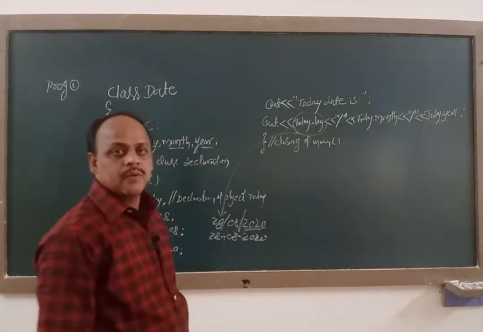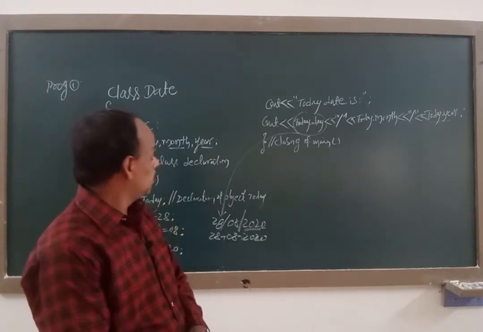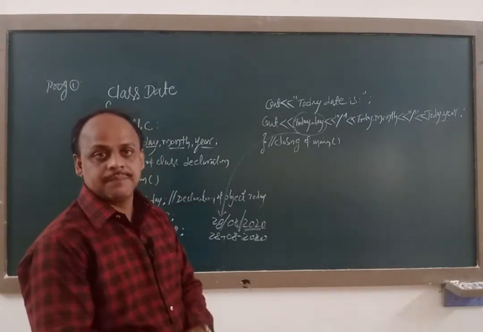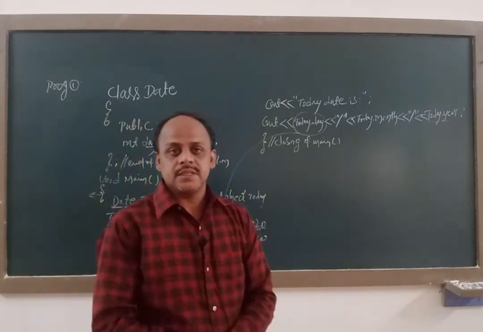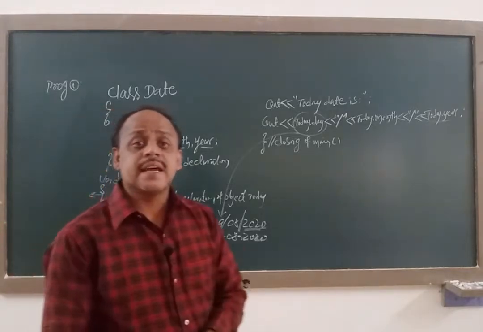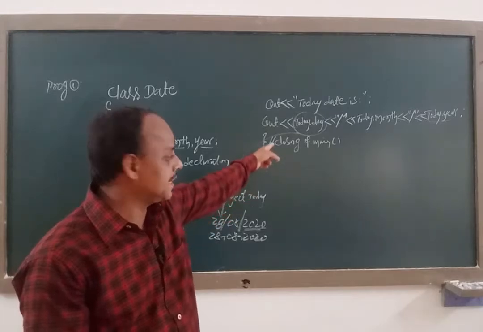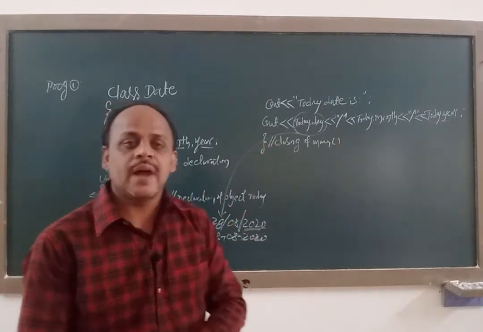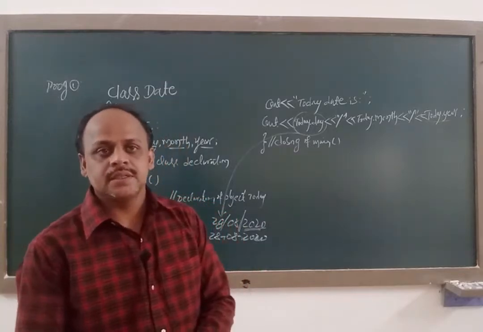Like this we have to write a C++ program using the classes and objects concept. So this program explains assigning the values to the data members and printing them.